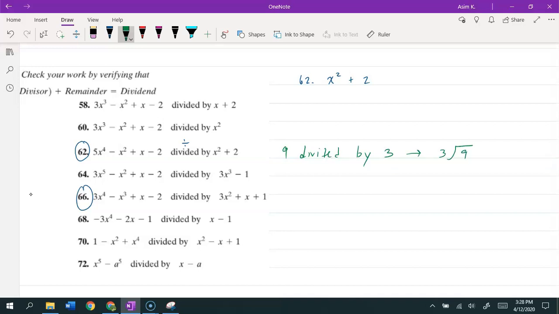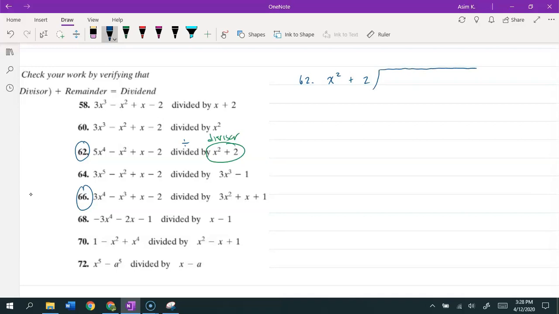So this is the long division of polynomials, right? And so you're going to be putting the x squared plus 2 on the outside, which is also known as the divisor, all right? And it's dividing into the entire expression of a polynomial.